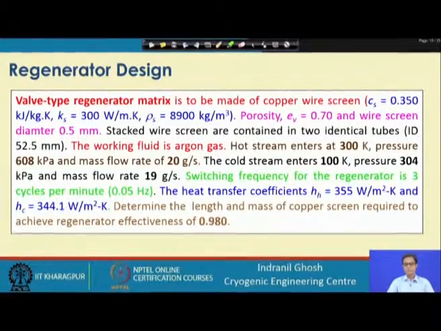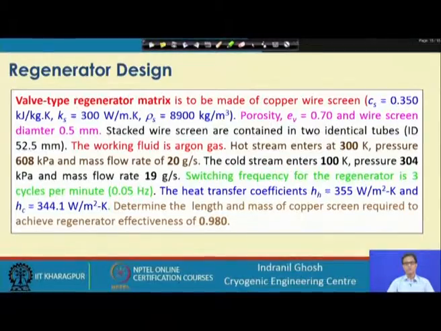Once we have the matrix material, we know its specific heat at the specified temperature, its thermal conductivity, and the density of the material is also given. For this copper wire screen we have a porosity of about 0.7 and a wire diameter of 0.5 millimeter. It is a woven screen, and this wire diameter is given.